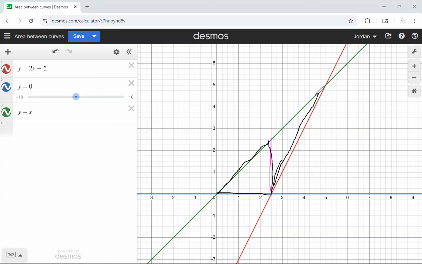The first area is going to go from 0 to 2.5. Y equals x is on top. Y equals 0 is on bottom. And the next region goes from x equals 2.5 to x equals 5, because that's that point of intersection, with y equals x on top and y equals 2x minus 5 on bottom.